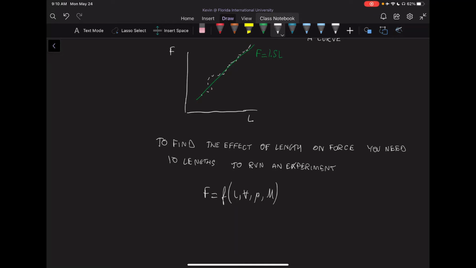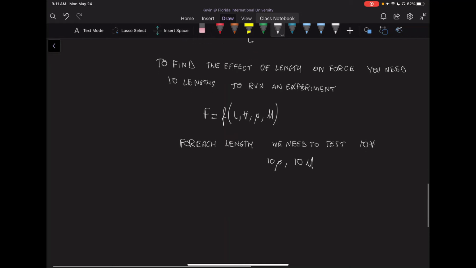And then if we need to come up with an equation for all the other systems, we then need to do, for each length that we do, if we want to have the relation at each length and come up with an equation for velocity, density, and variation in viscosity, we need to test, at each length, 10 velocities, 10 densities, and 10 viscosities.